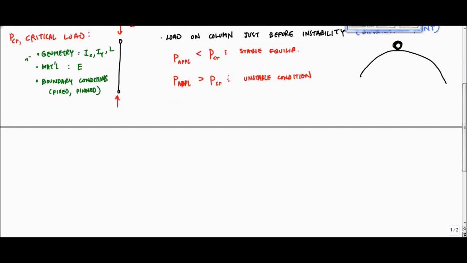Let's consider, we'll call this L1 right here. Let's consider a pin column. We're going to start with just analyzing a pin column. What that means is this is my pin column.